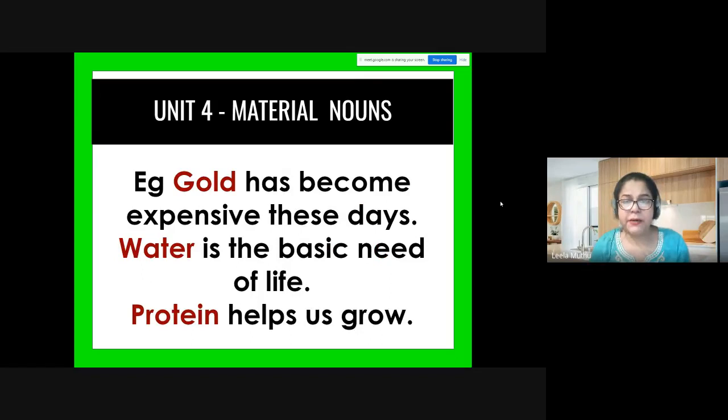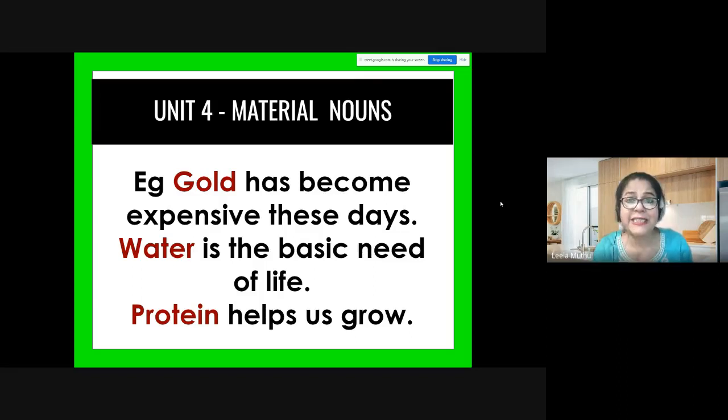For example, supposing I say the boy has returned, the girl has returned, all singular nouns, but we cannot say the boys has returned. We have to say the boys have returned, right? So the same way, since gold is considered to be a singular noun, we are saying has. So gold has become expensive these days.